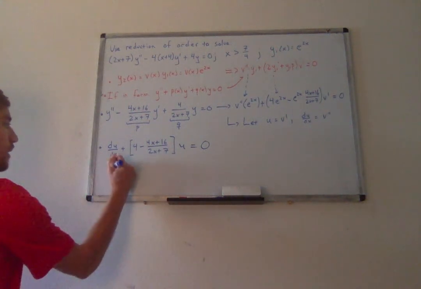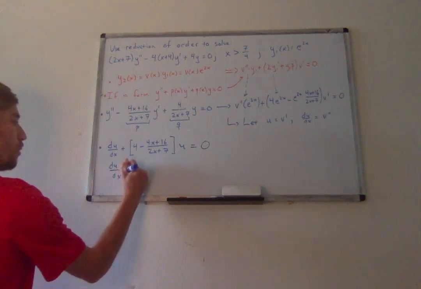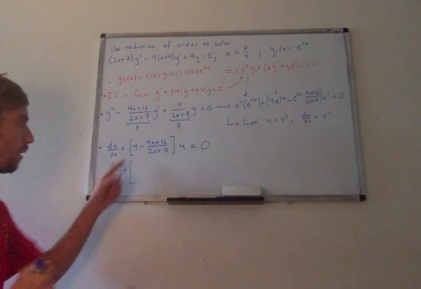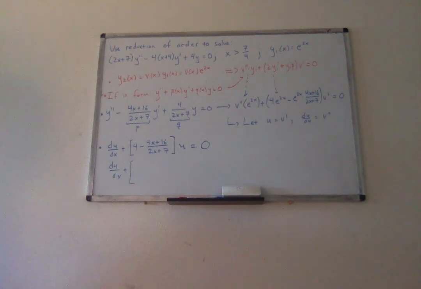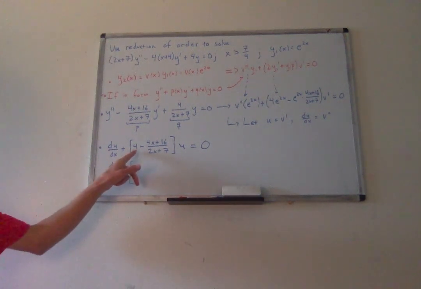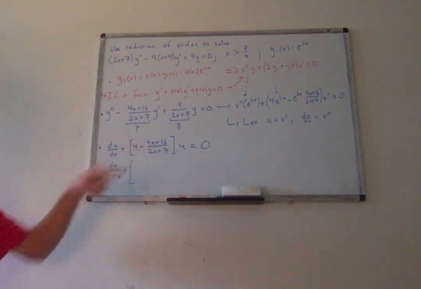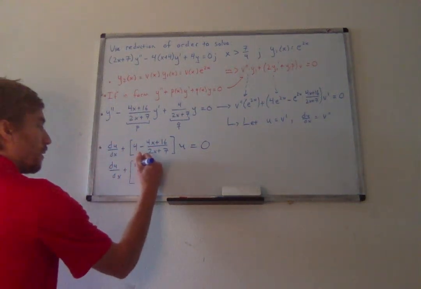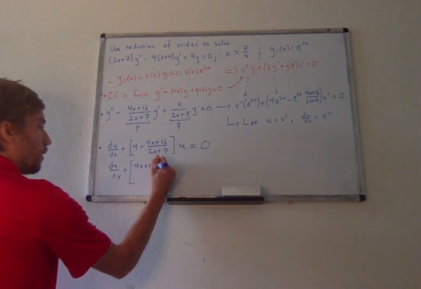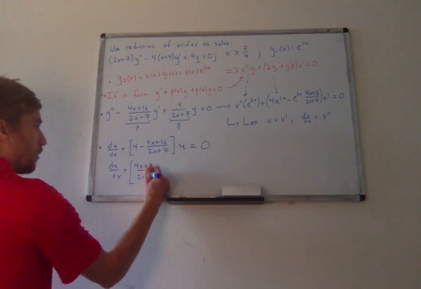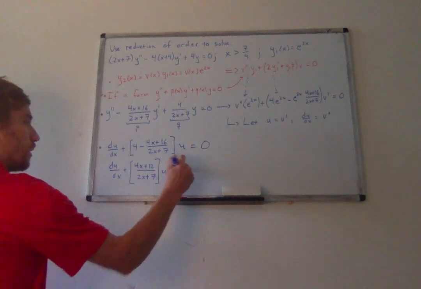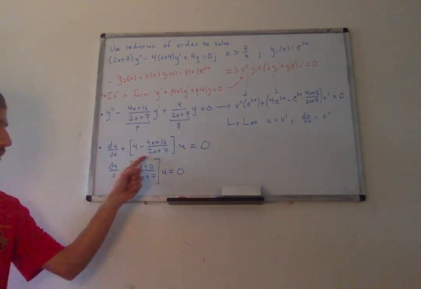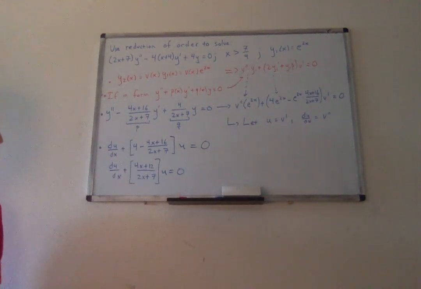So this is equal to du dx plus, what I'm going to do, I'm going to multiply 4 by 2x plus 7 over 2x plus 7. So this would give me 8x plus 28 minus 4x plus 16. So this would be 4x plus 12 over 2x plus 7 times u is equal to 0. So this step, I just combined this fraction here.